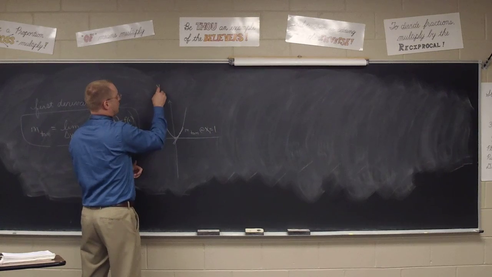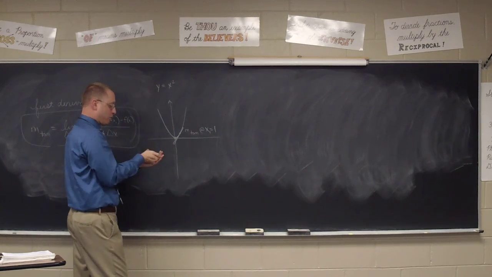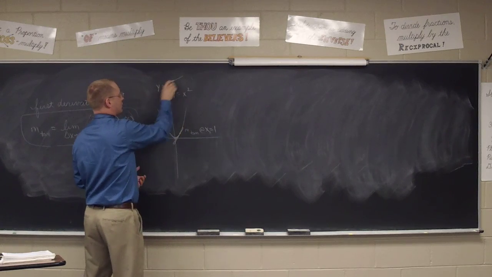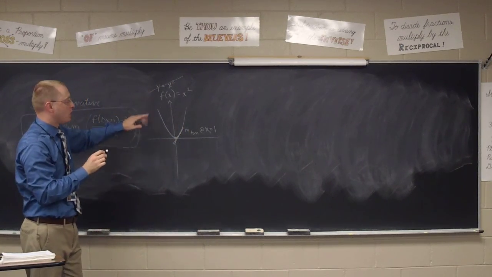So the function here, we would have said in algebra class, we have y equals x squared, or perhaps f of x equals x squared, and certainly we want the functional form here.